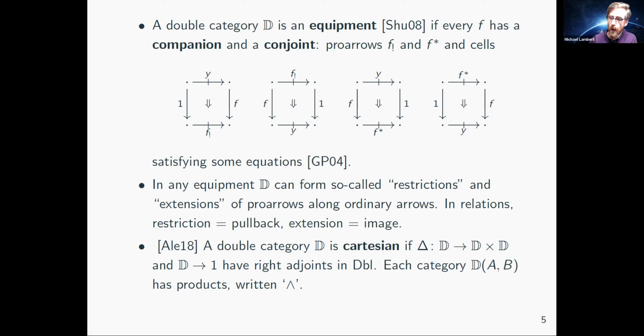If you work with a Cartesian equipment, it turns out that each Hom category between objects, let's say A and B, which is the Hom category of the pro arrows as objects, actually has products.